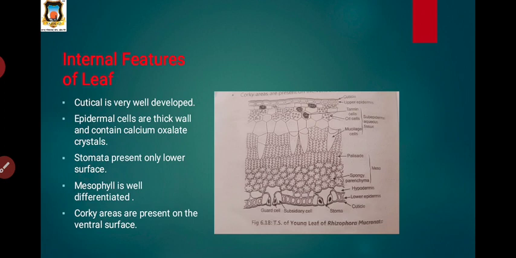So these are the transverse sections or internal ecological features of leaves, stem as well as roots, and also the types of halophytes.